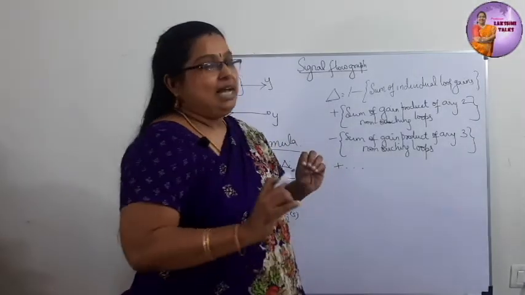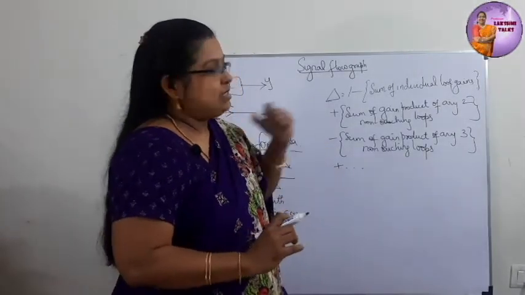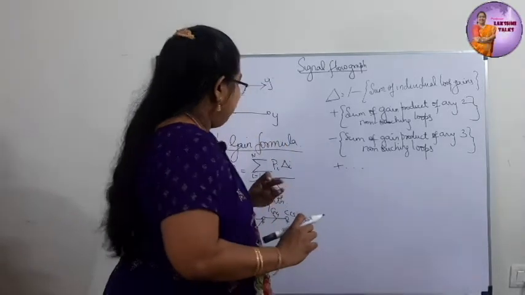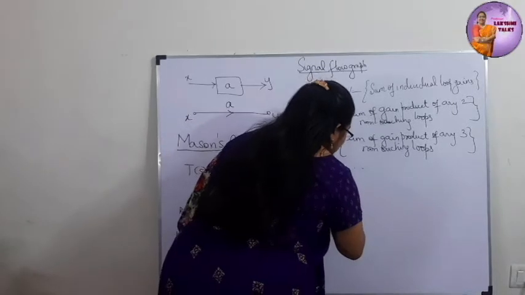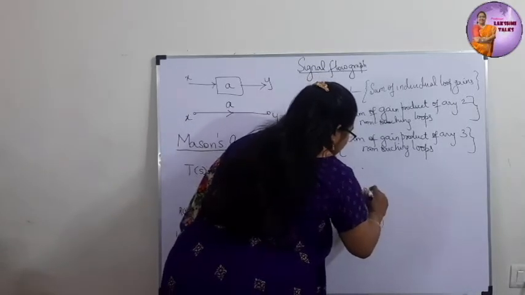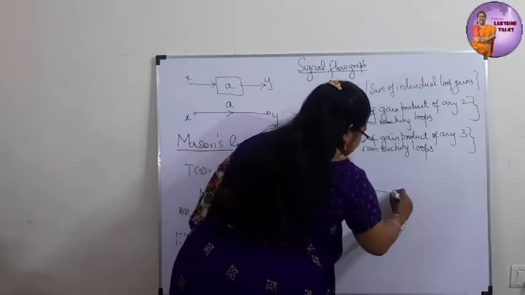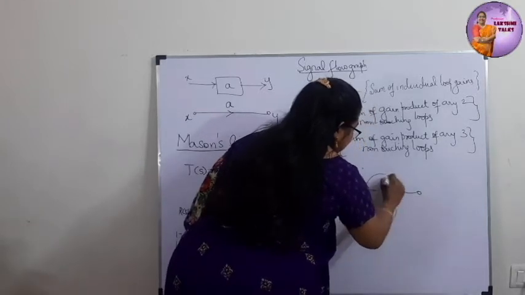Now you will have a doubt as what is meant by this loop gain. Okay, see, I'll give you an example for this loop gain also. See, suppose you have something like this.